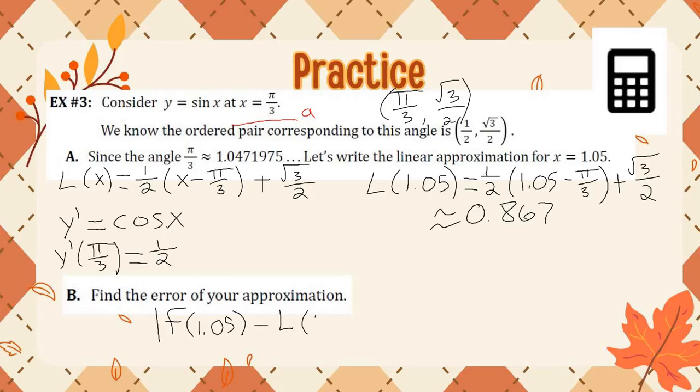Minus our L, because we're trying to figure out the difference between our exact minus our approximation. Are we going to do percent error on the test? Not on this one, but we will later. Your percent error would just be exact minus approximation divided by exact times 100.